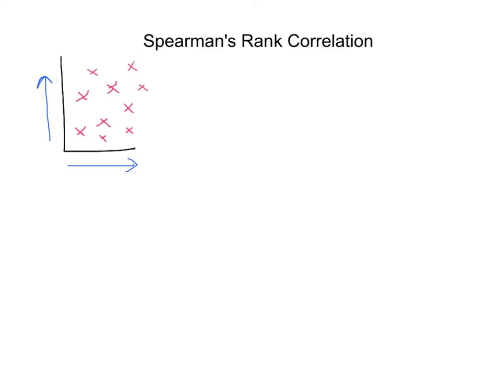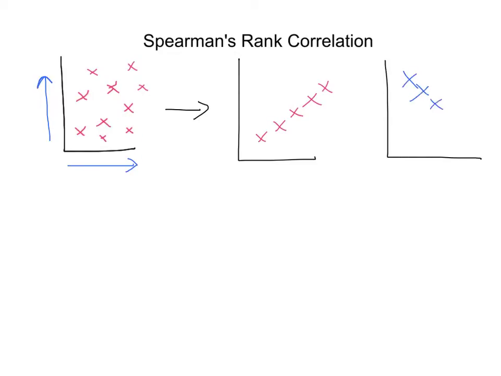So if instead of what I've just drawn you had something like this, or even something like that, where there appears to be some kind of link between the two variables they're looking at, we're going to use Spearman's rank correlation.